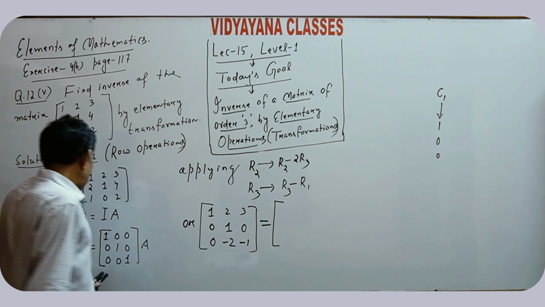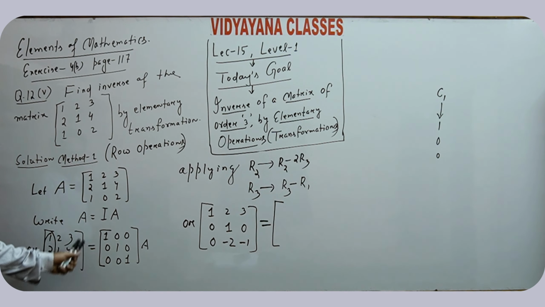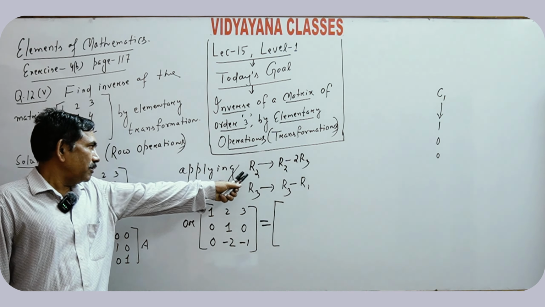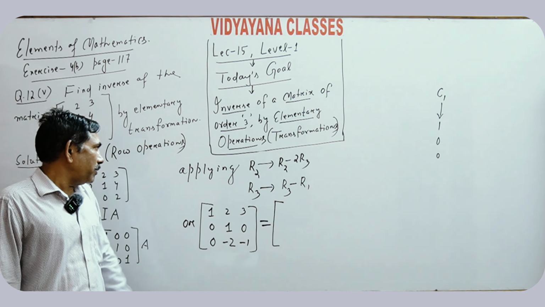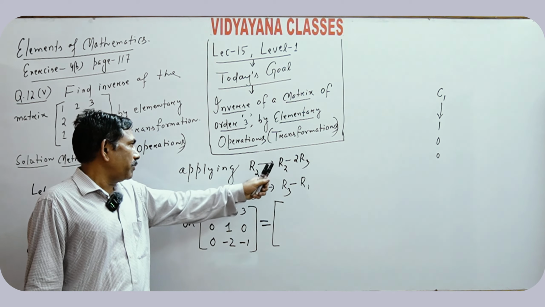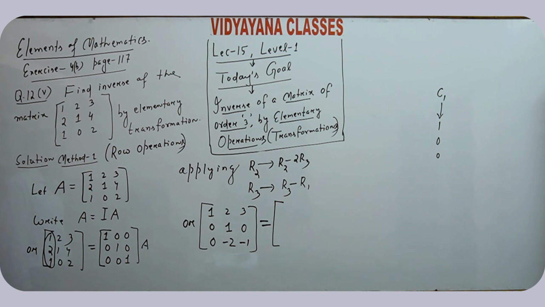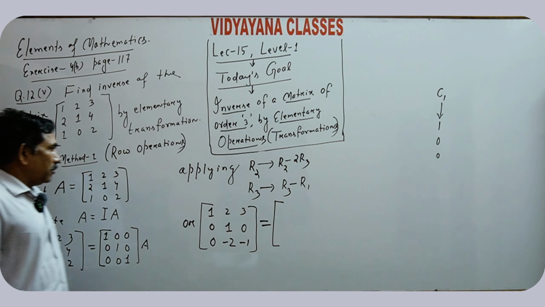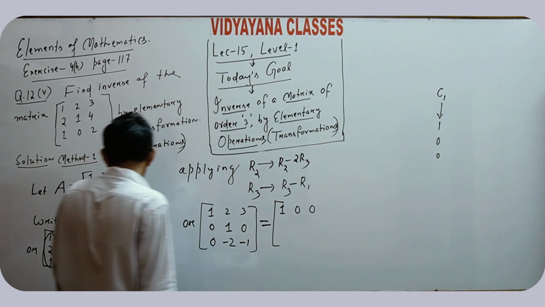Simultaneously, the unit matrix on the right hand side changes with the same operation, that is R2 replaced by R2 minus 2 times of R1, R3 is replaced by R3 minus R1. There is no change of first row.